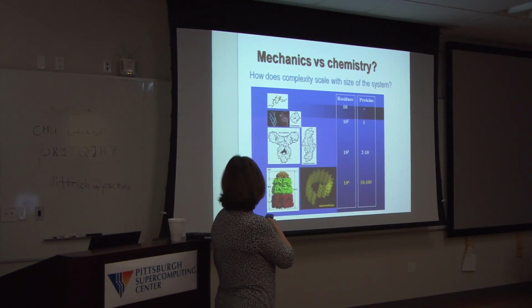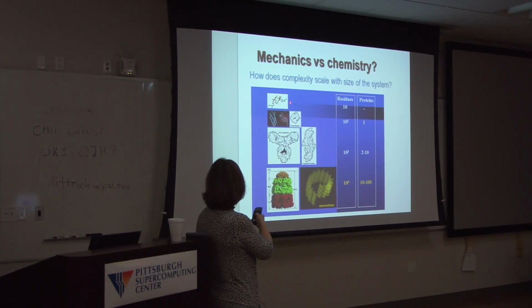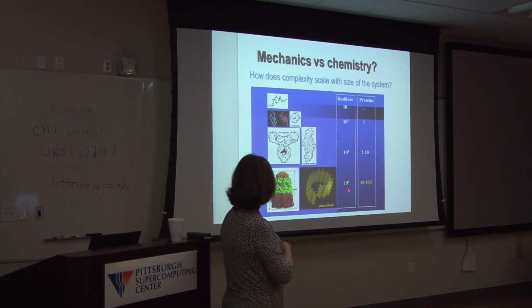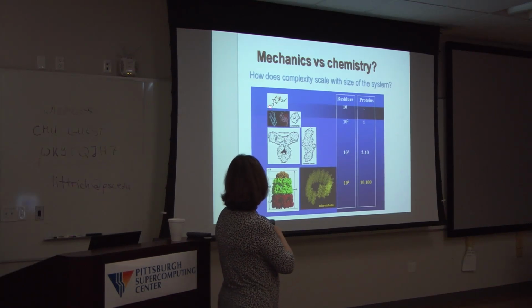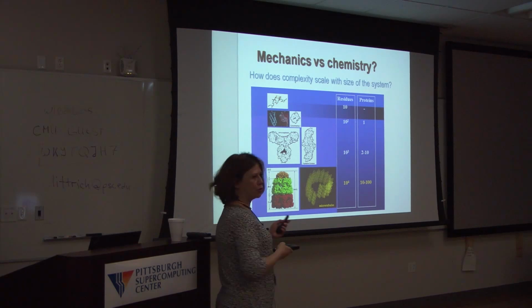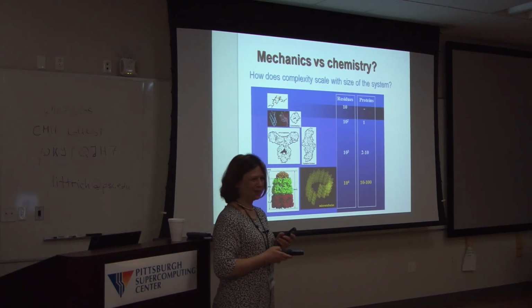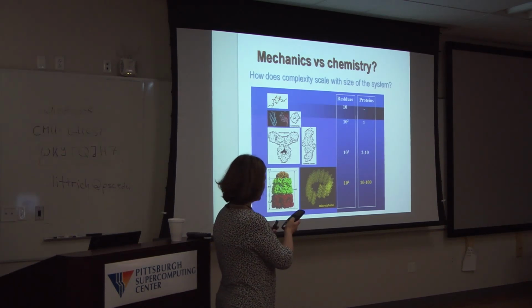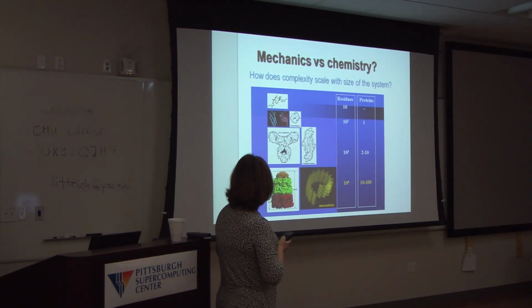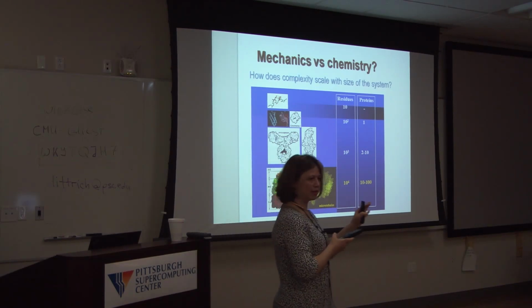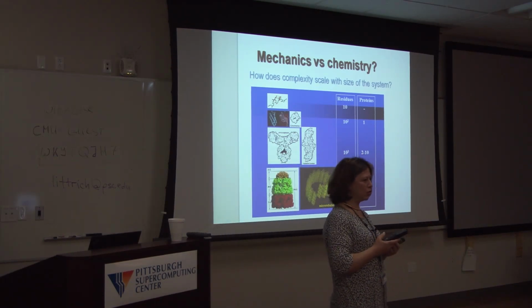We have a bunch of systems ranging from a small molecule to large complexes, okay? From 10 residues to 10,000, 100,000 residues, composed of a small fragment, one protein, multiple proteins, hundreds of proteins. So what am I going to say? At this scale, when you look at small systems, what is more important, chemistry or mechanics?